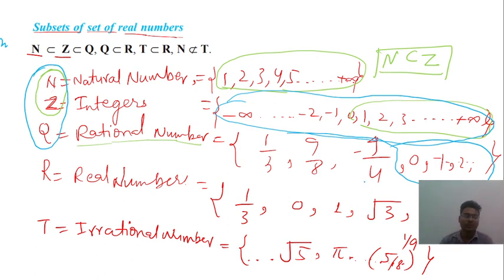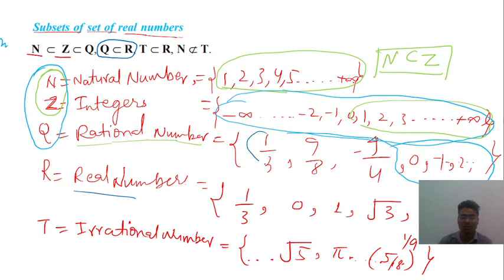Now coming to our third part, third slide. They are saying Q is a subset of the real numbers. Yes, of course. Real numbers have everything, rational, irrational, everything.